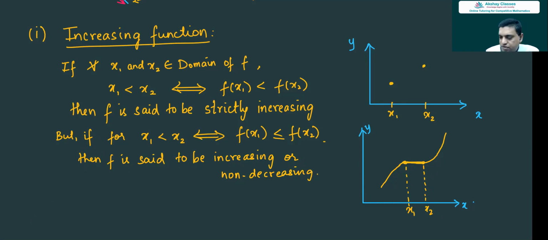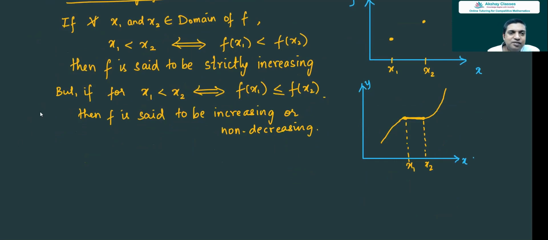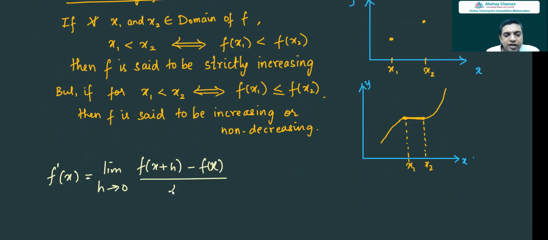Now, this is the fundamental definition. Now, we'll use this in derivatives. So in derivatives, f dash x is limit h tending to 0, f of x plus h minus f of x upon h. h is a positive quantity.